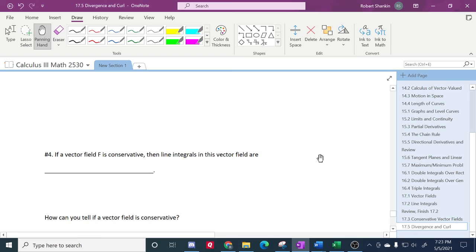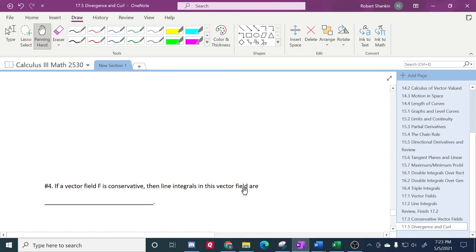Now, if a vector field is conservative, then line integrals in this vector field are, and you fill in the blank. So go to your group chat and type in what you think should go into this blank. But don't hit enter quite yet.